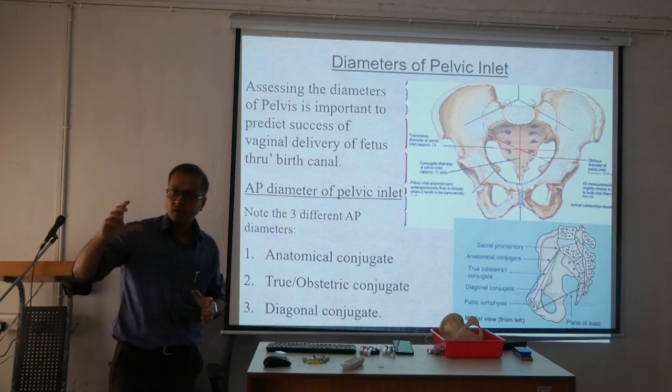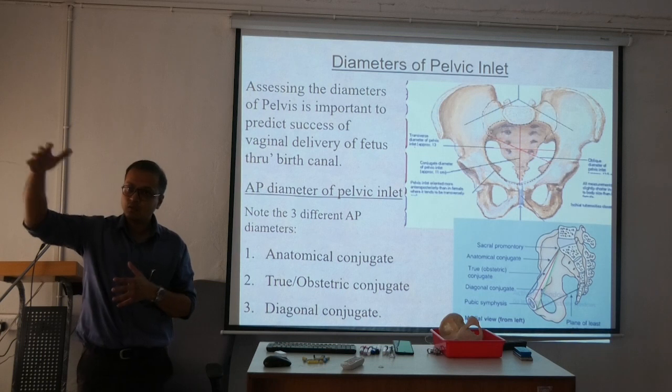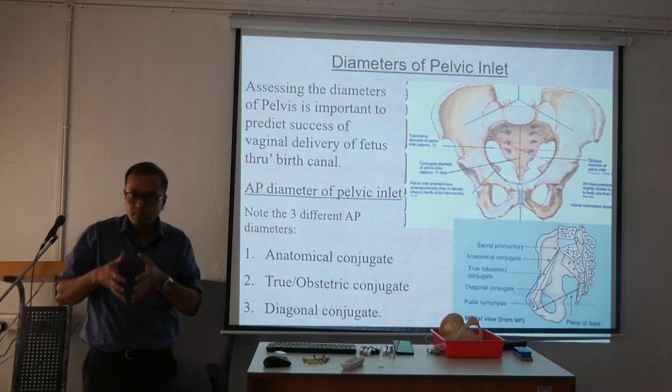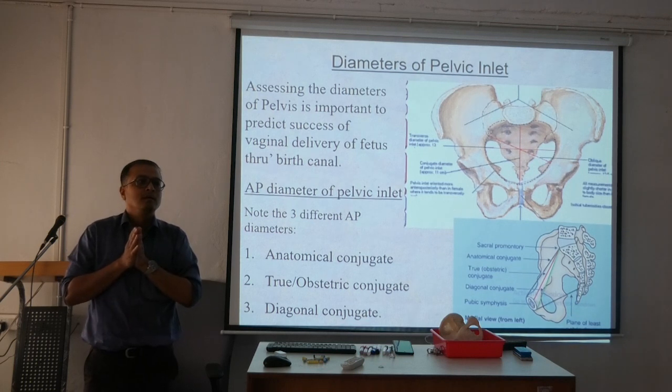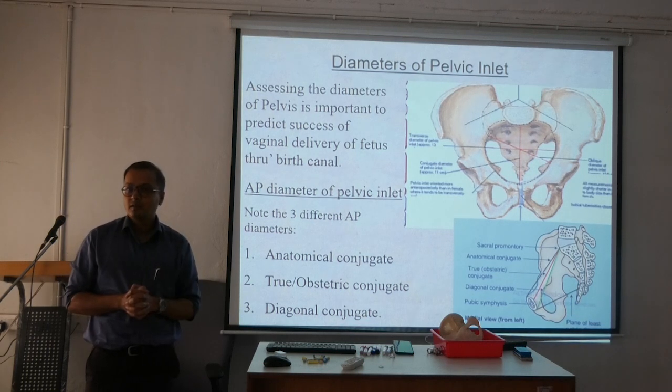That least diameter has to be more than 9 centimeters to allow the passage of the fetus through the birth canal in normal vaginal labor.